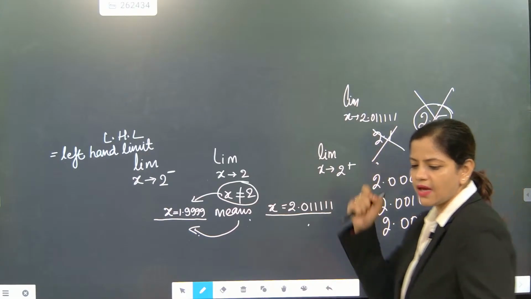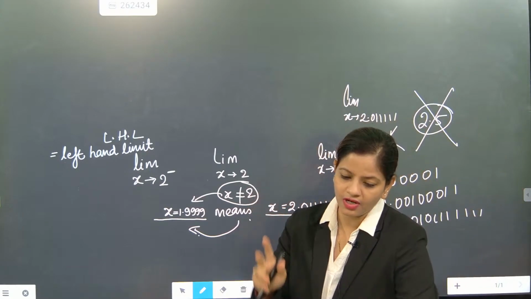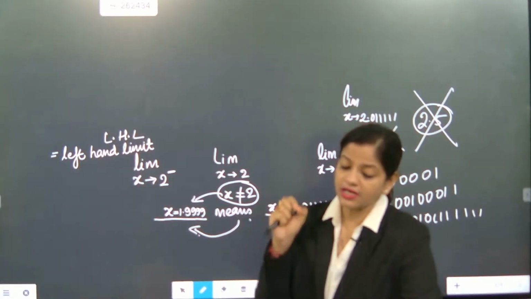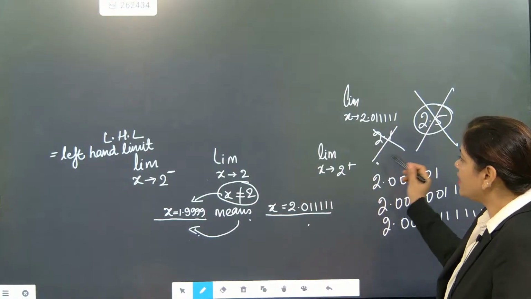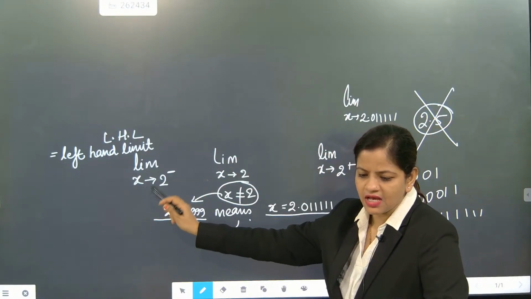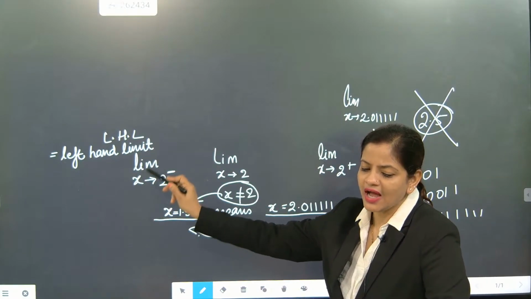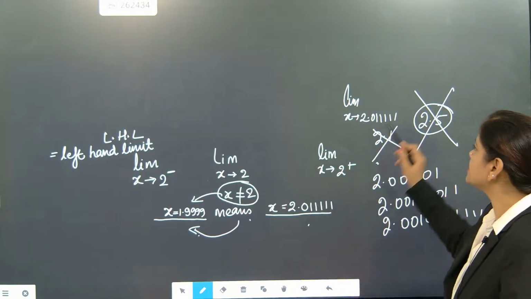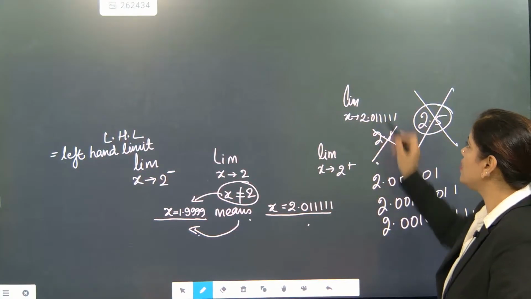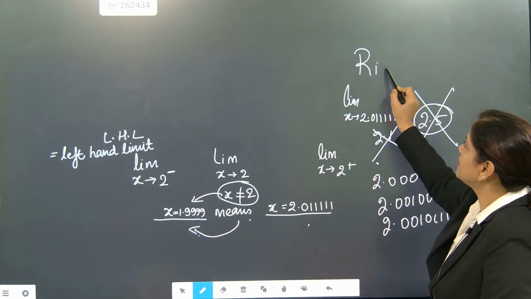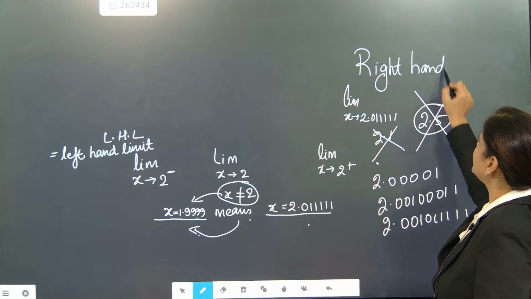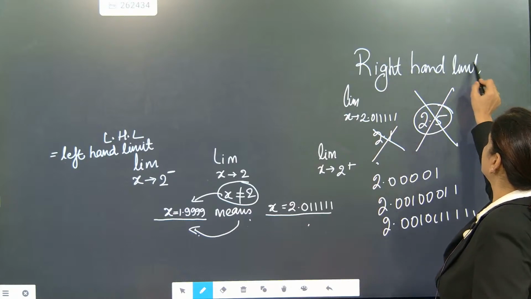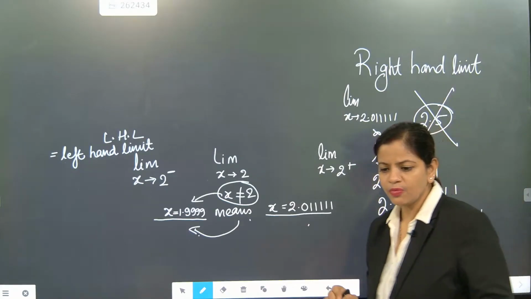That means it is approximately 2 only, not equal to 2, and that is exactly called a limit. So when it goes from the LHS, it is called the left hand limit. When it comes from the RHS, it is called the right hand limit. Did you get my point, beta?